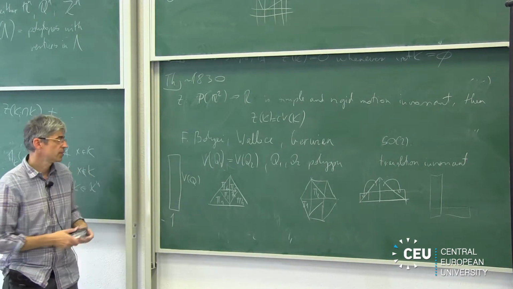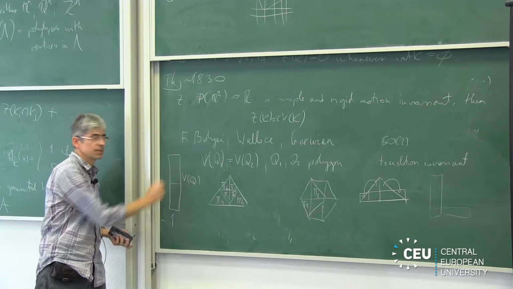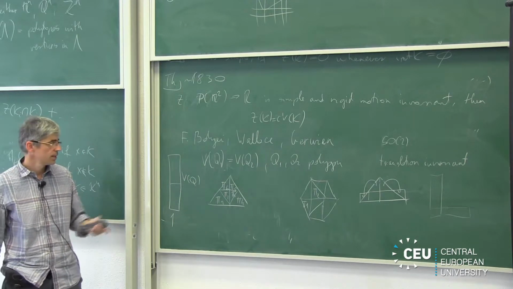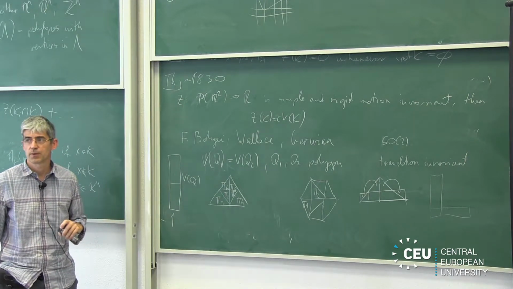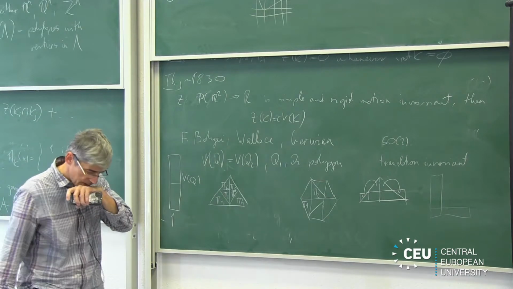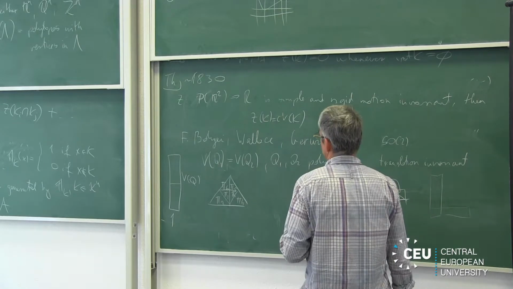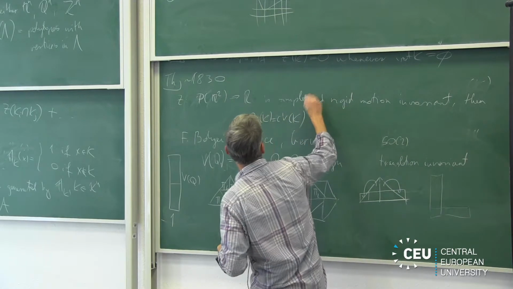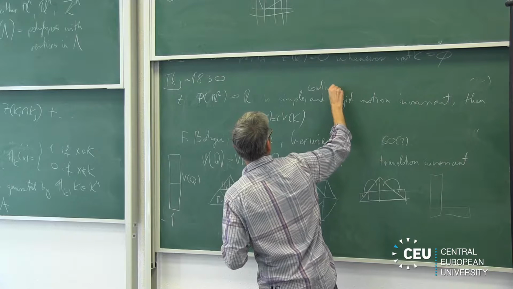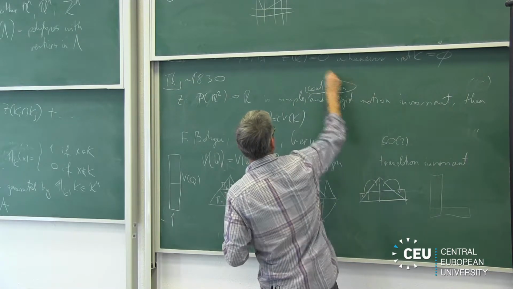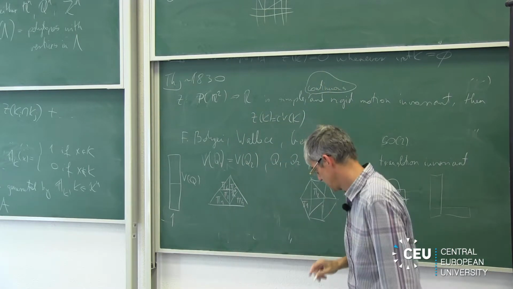And now it's easy to see that if I cut it in half, then the 2 pieces have the same volume and so on. Simple. Actually, for this, I need continuous and rigid motion invariant.